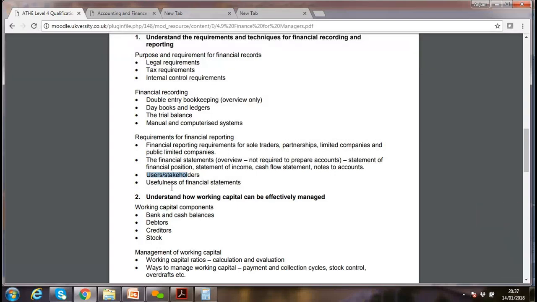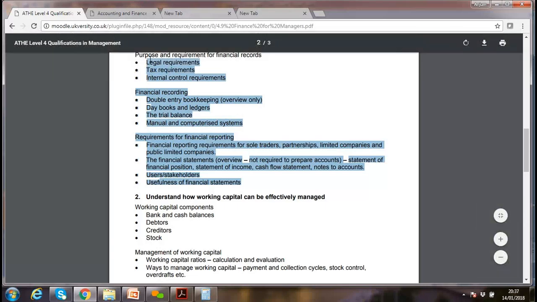The usefulness of financial statements is that internal and external stakeholders can use them to make decisions, like a supplier deciding whether to lend us money or credit. So that's all we'll go through for the lesson.